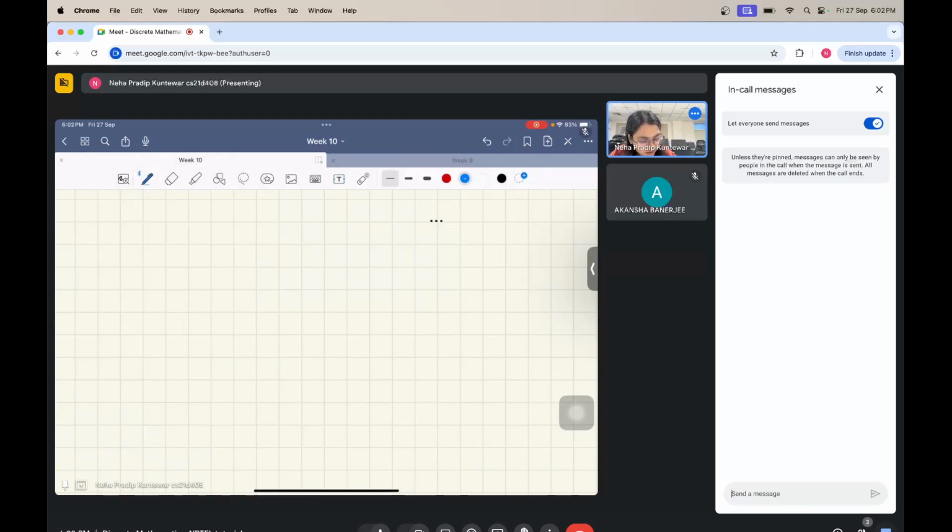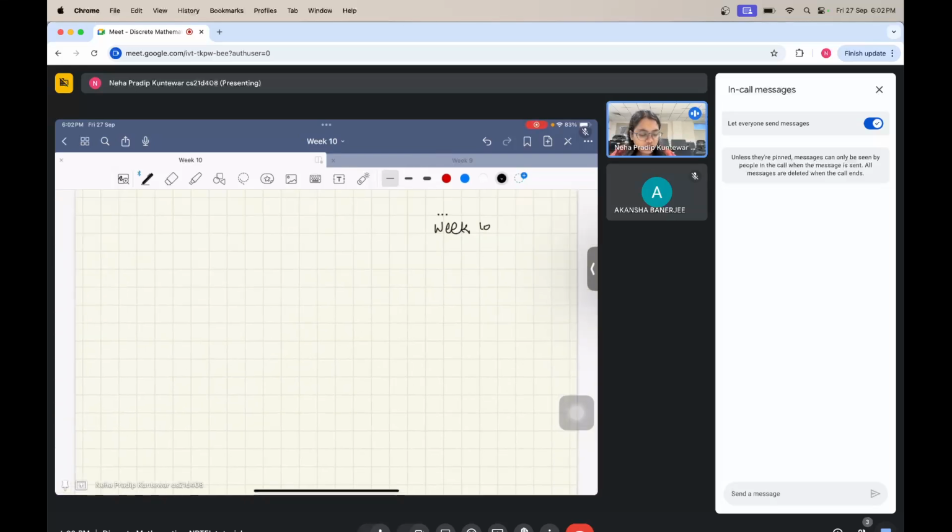Welcome to week 10 of the problem solving sessions for the discrete maths course. Today we will look at some advanced methods of counting. Some of them you might have been introduced to in the first week, but later on we try to do something more advanced.